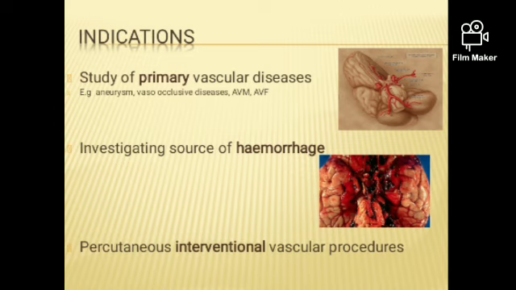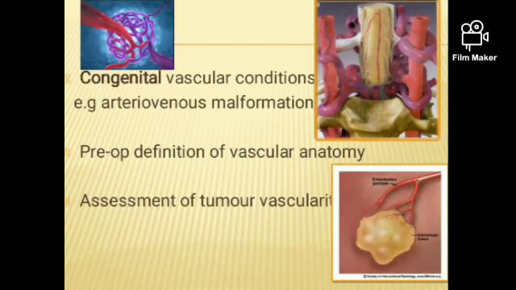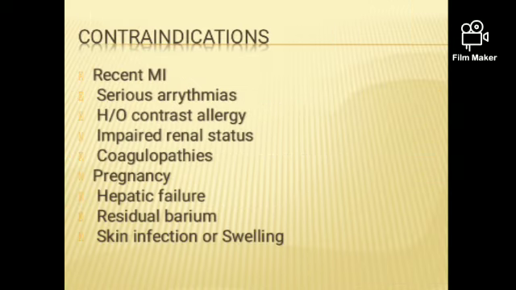Then we go with a repair technique called angioplasty or embolization. Next, you can also find congenital diseases, which may be by birth, and pre- and post-operative evaluation of vascular anatomy, and assessment of tumors can also be done with the help of angiography.